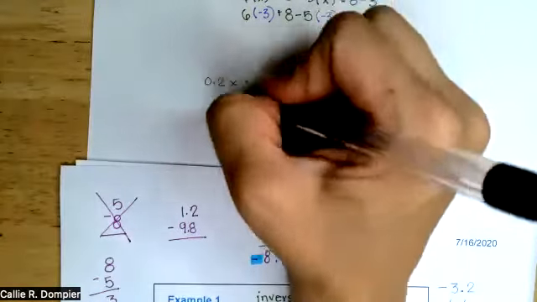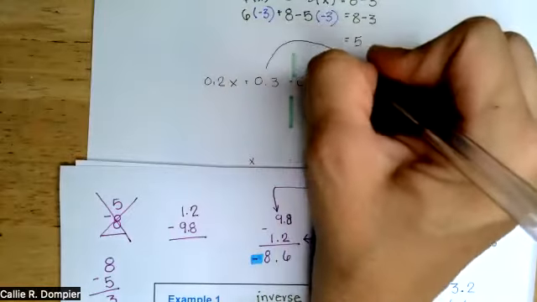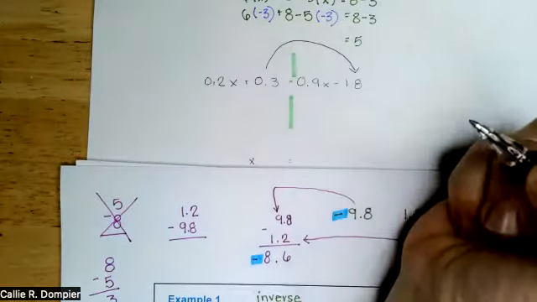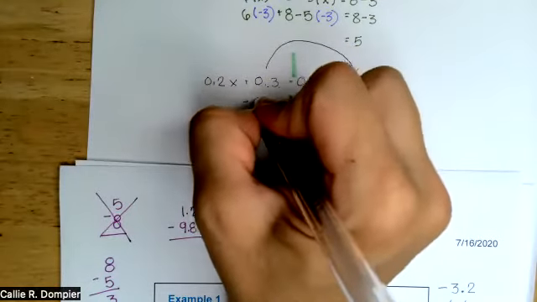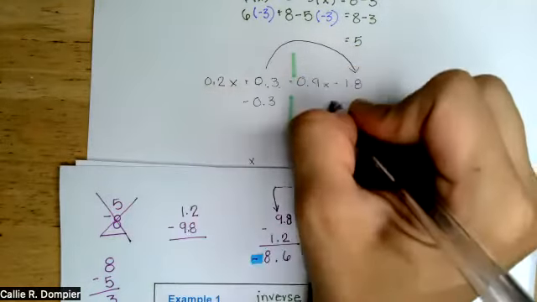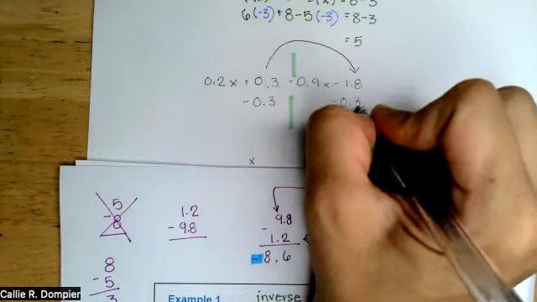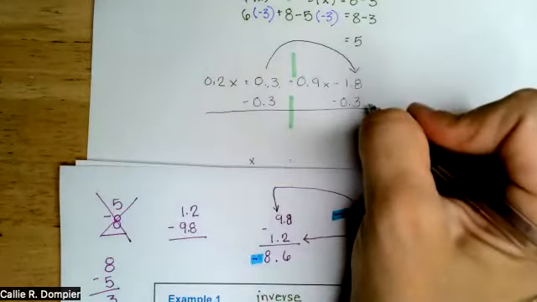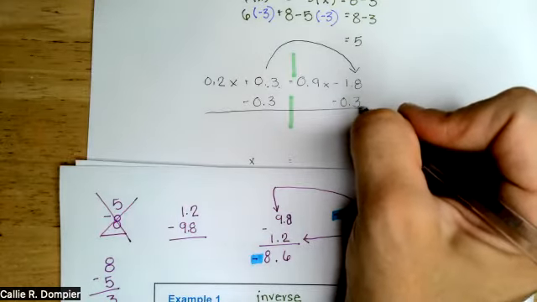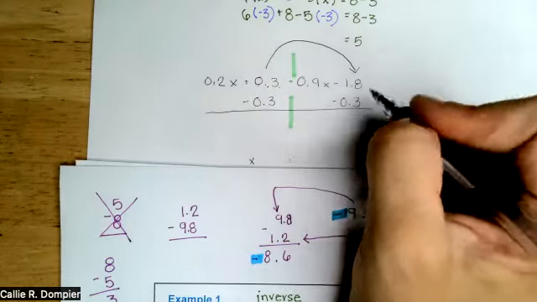So I'm just going to take everything that doesn't have an x and move it. We're adding 0.3, so I'm going to subtract 0.3. I put it below the negative 1.8 because those are like terms.